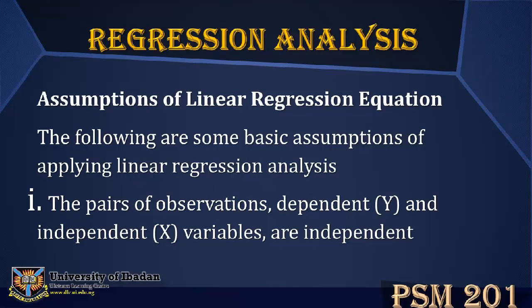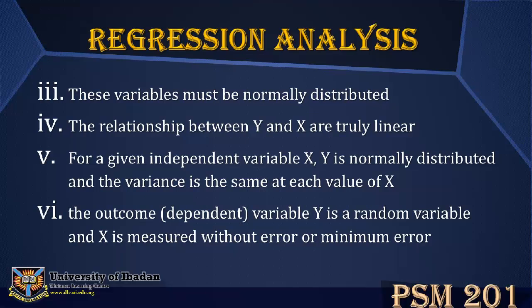Assumptions of linear regression equation. The following are some basic assumptions of applying linear regression analysis. The pairs of observation, dependent y and independent x variables, are independent. These variables must be normally distributed.